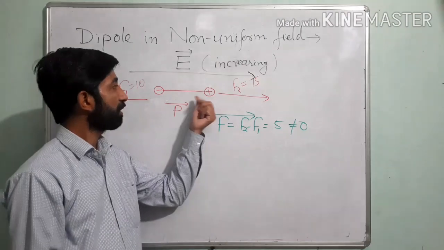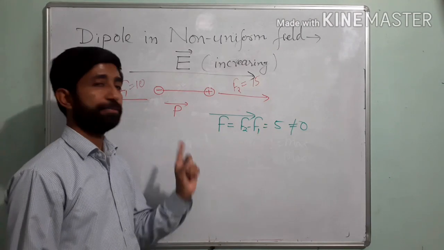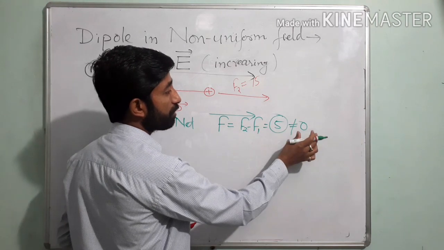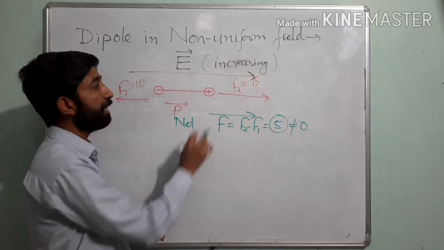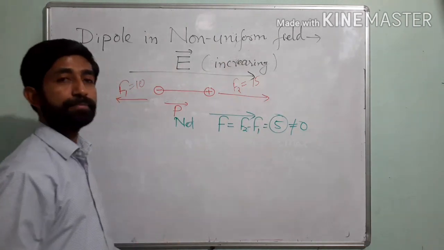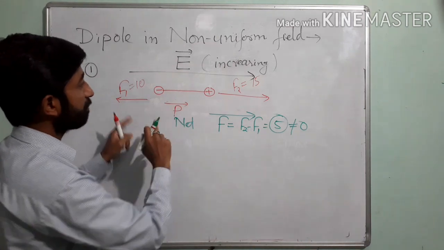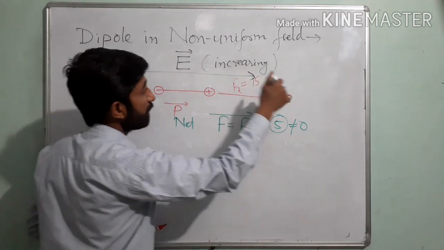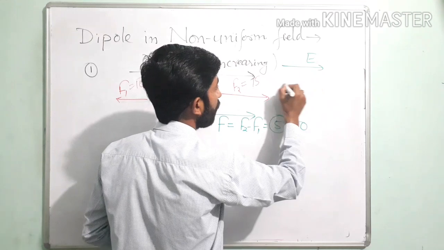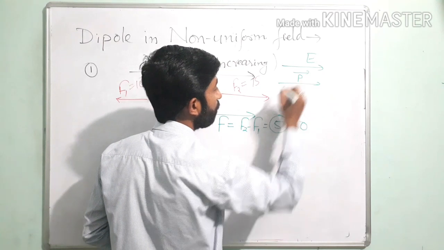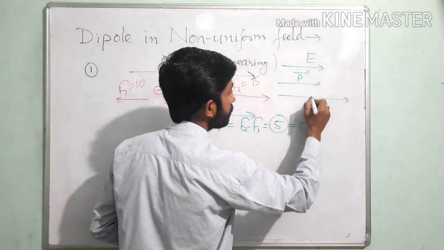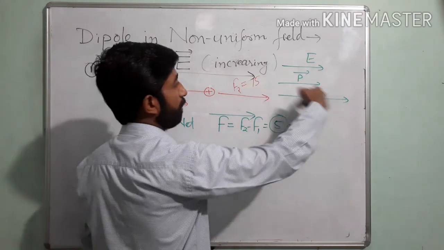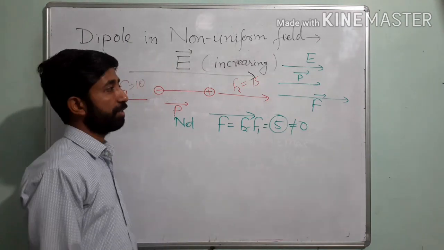So this dipole will experience a net force, which will be non-zero, and the direction of the force will be along the electric field. Again, see carefully: the dipole moment is placed along the increasing field. This is the direction of the field E, and this is the direction of the dipole moment P. So the net force will also be along the electric field. That's the outcome.